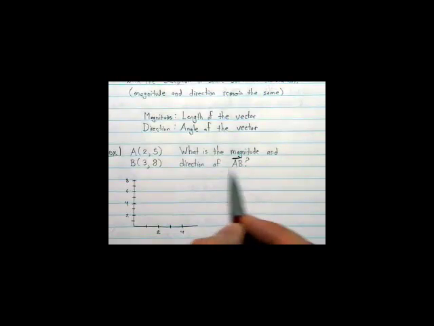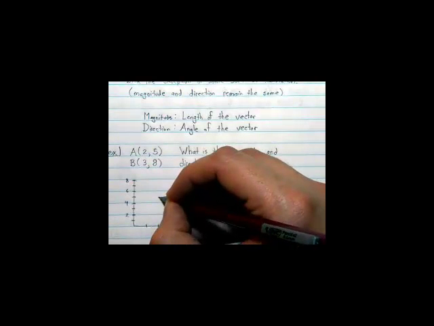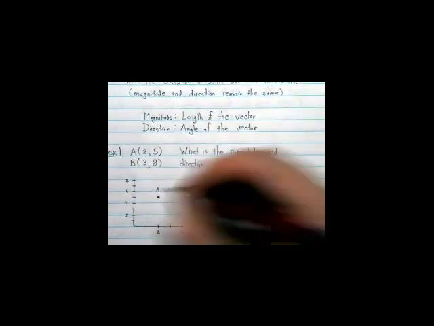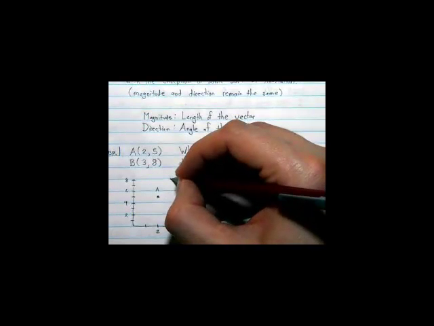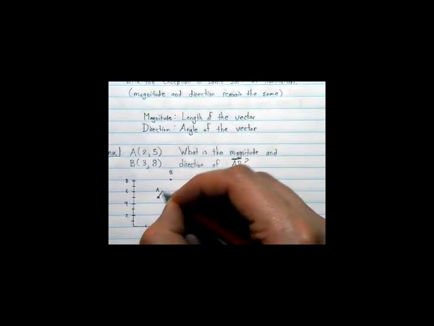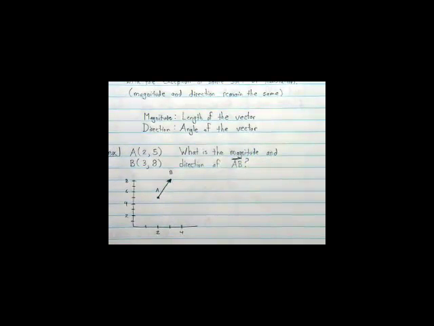Based on the notation here. The first letter is always the initial, the second letter is always going to be the terminal. So this vector is going to start at 2, 5, which would be here. So there's A. And then it's going to end up at 3, 8. So there's your B. And so this vector is going to start there. And there's its arrowhead. So something kind of like that.